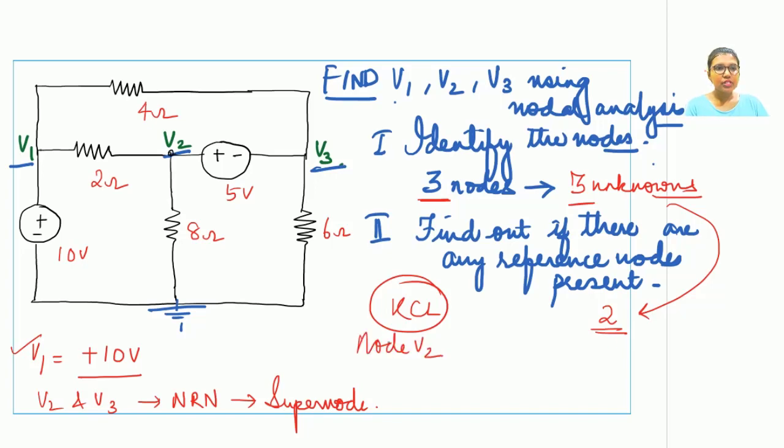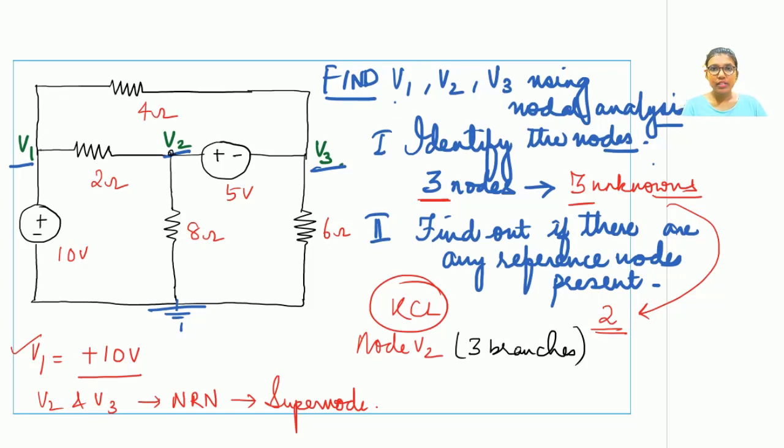How many branches are there for V2? There are 3 branches. So one must have 3 terms in the KCL equation. And as already discussed in the previous video lecture, if for any chance one is not able to write the KCL equation for any branch, in that case the KCL equation cannot be written.